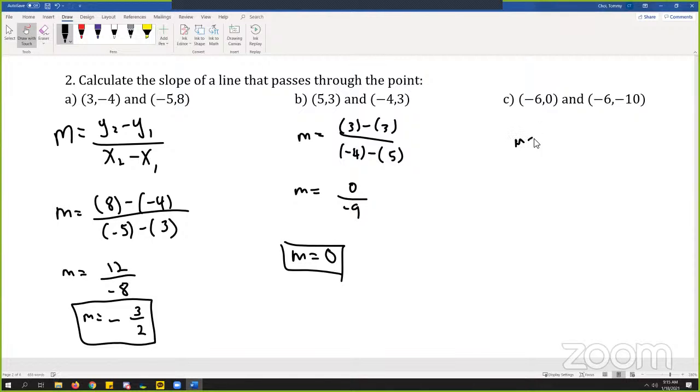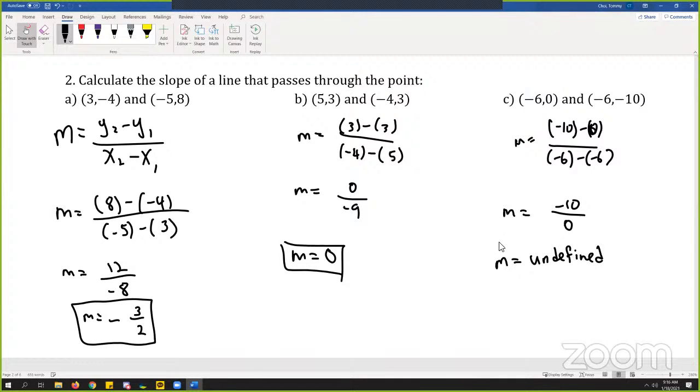And the last one here would be negative 10 minus 0 over negative 6 minus negative 6. And then that's going to give me negative 10 over 0. And we cannot divide by 0, so we say the slope is undefined. Okay, so these are your 3 answers for question 2.